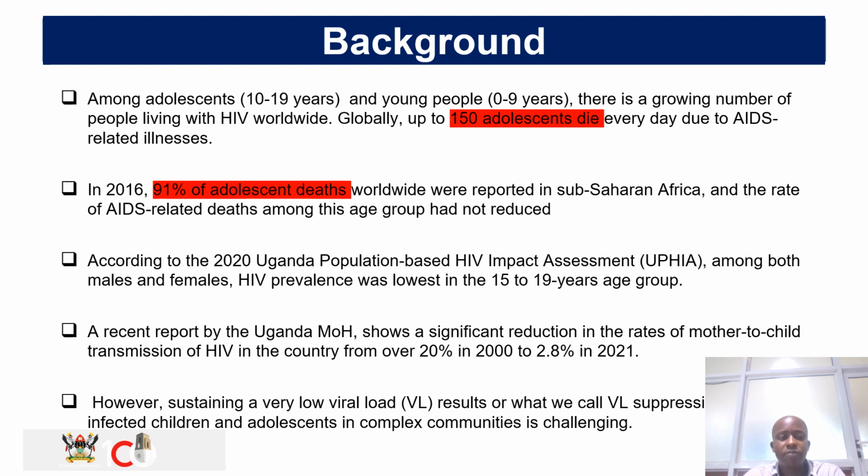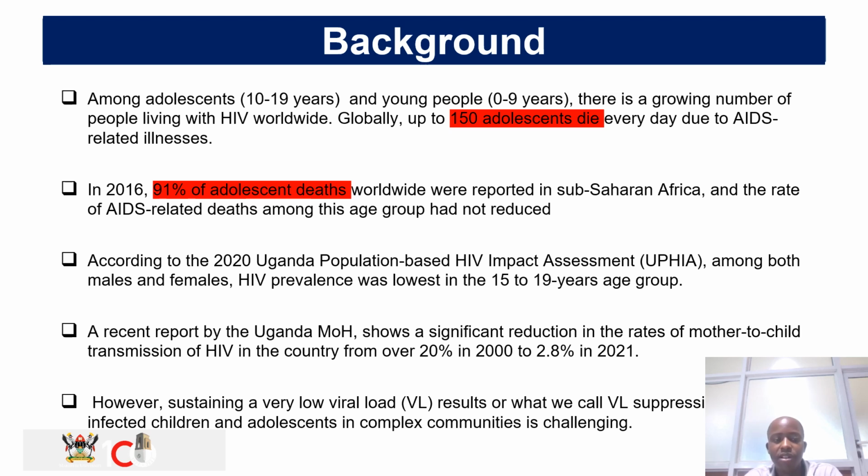Back home in 2020, the Uganda Population-based HIV Impact Assessment report shows that for both male and female, there is a high prevalence, and a lower prevalence for the clients between 15 to 19 years of age, which means that they are really at risk. The recent report by the Uganda Ministry of Health shows that there was a significant reduction in the mother-to-child transmission of HIV from 20% in 2000 to 2.8% in 2021.